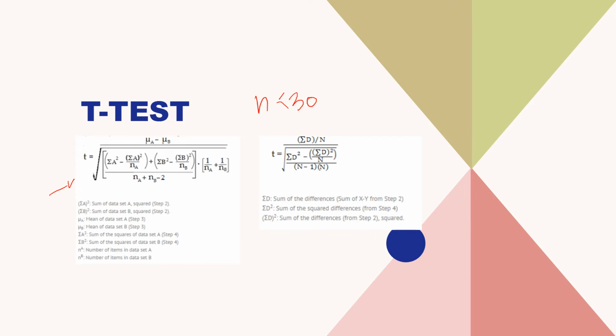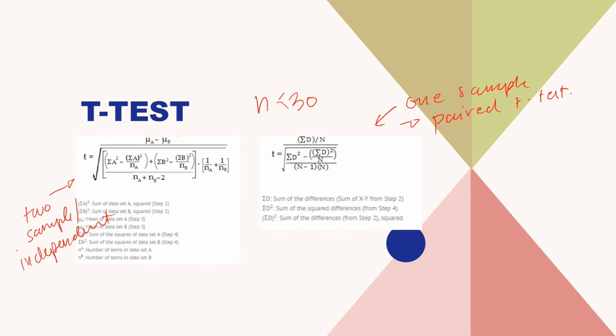The left one is used for our two sample t-test, also referred to as your independent t-test. And then the right one is used for your one sample t-test, or sometimes referred to as our paired t-test.